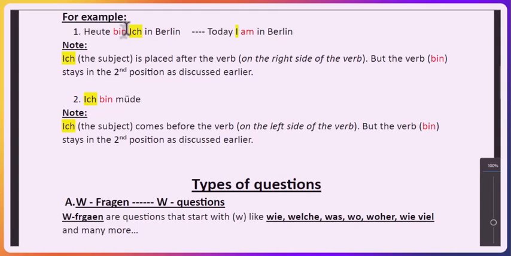You can't bring an object and a verb, then the subject somewhere. It's wrong. This is not the English language. This is German. And the German rule says the verb is in second position, but the subject is before the verb or after the verb. You don't have to challenge it.